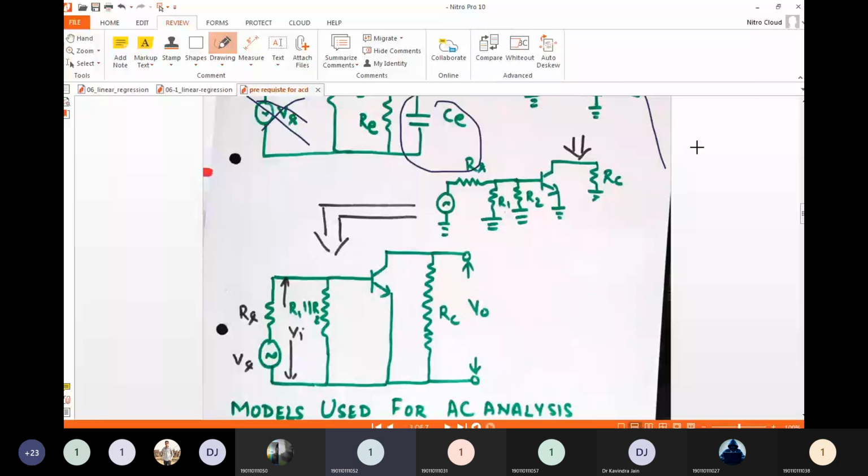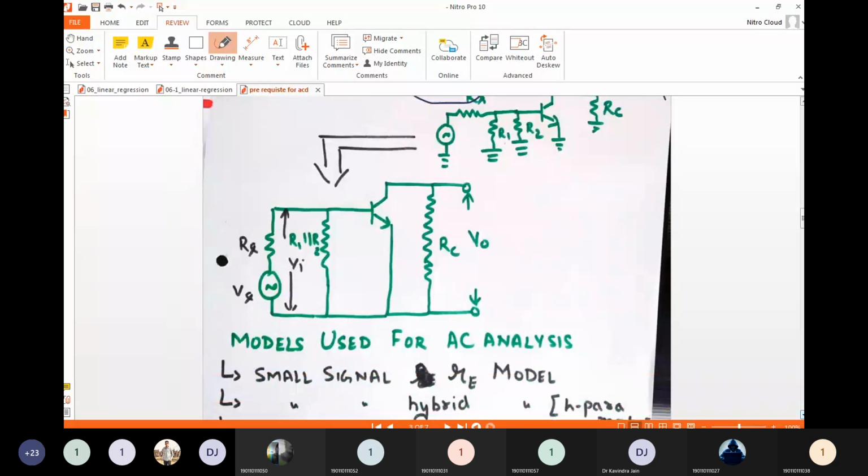Okay. So I am proceeding further, and based on this, I would be using my various AC analysis models. They are broadly classified in three categories.